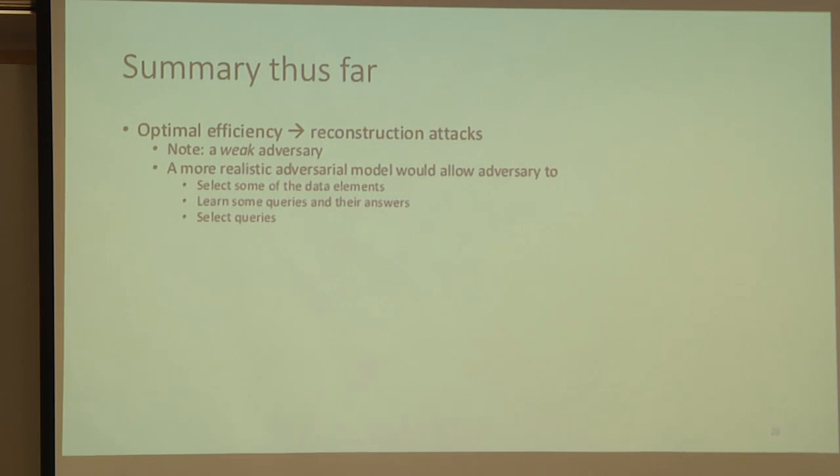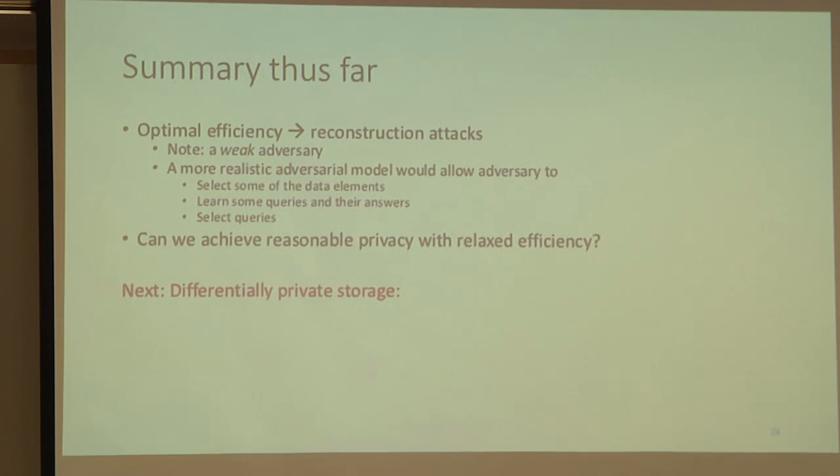So we should probably allow the adversary to control some data, to know some query ranges and some answers, and even control the queries, to be able to ask some queries. So the question is, if we relax the efficiency requirement, can we achieve reasonable privacy? This is what we're going to see next.